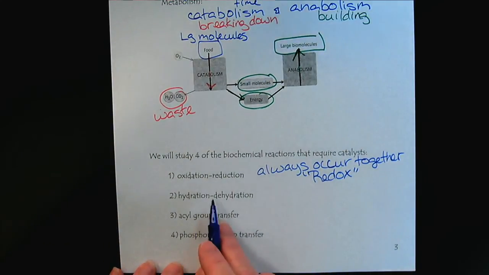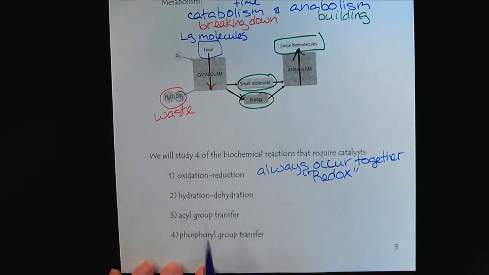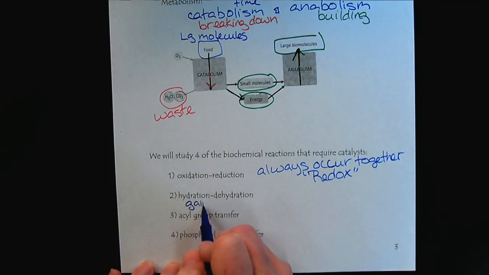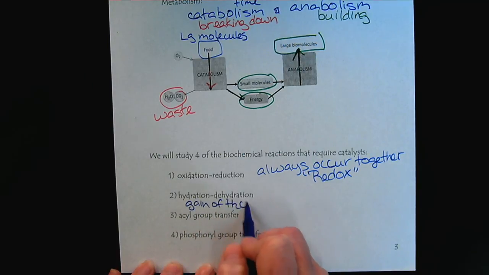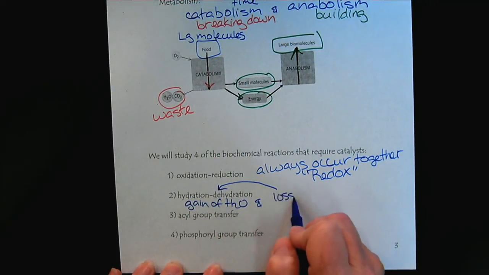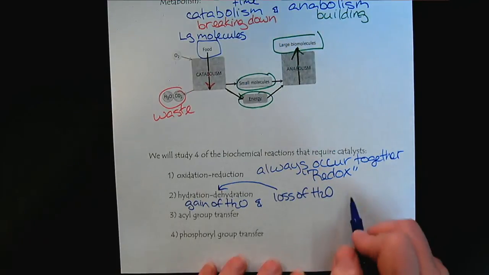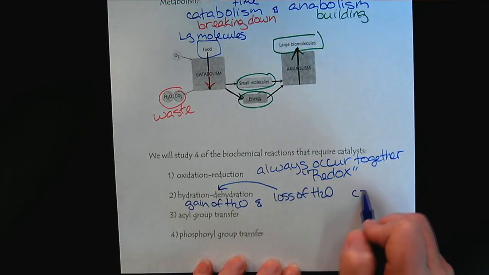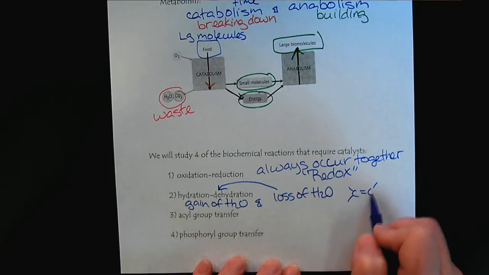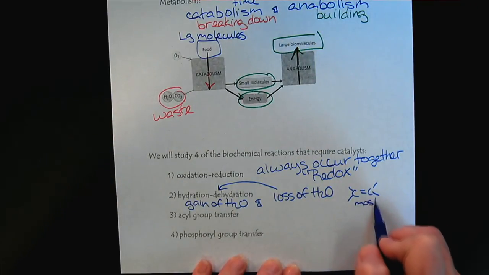And then we will focus on hydration, since we're water-based, bags of salt water walking around. Hydration is the gain of water, and dehydration is the loss of water. This reaction focuses on functional group changes, primarily with the carbon-carbon double bond.